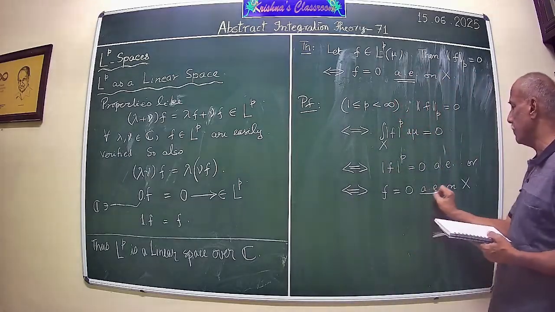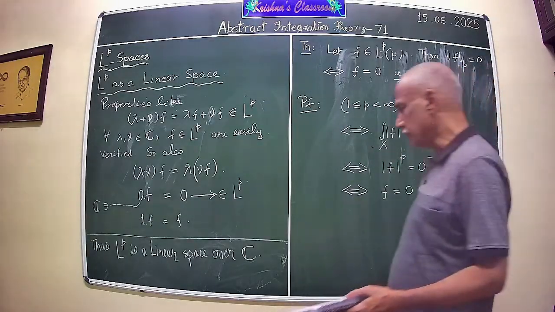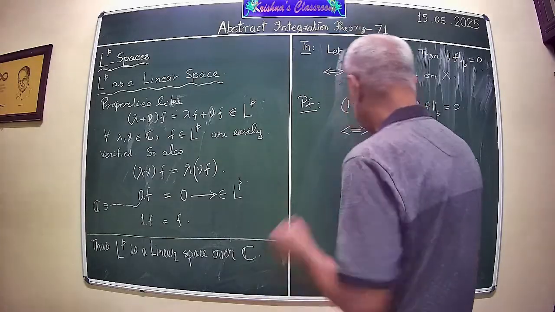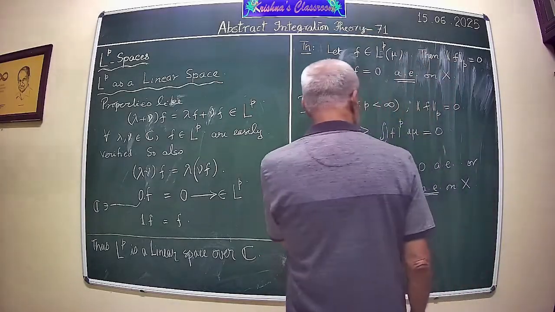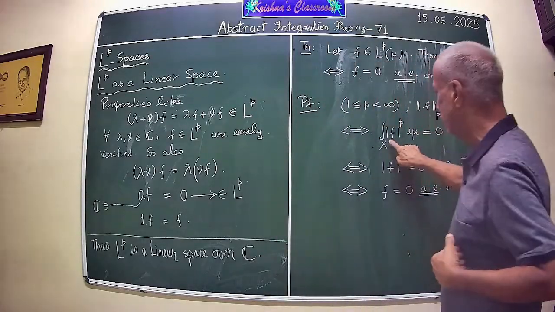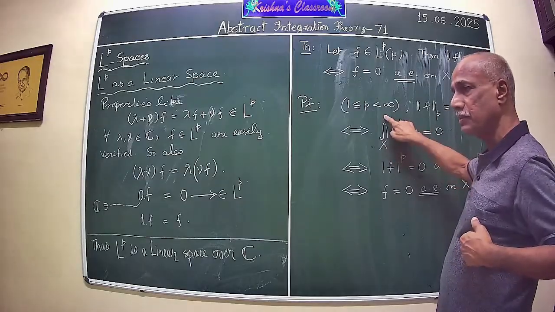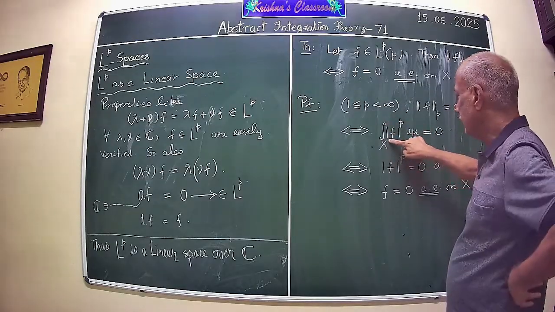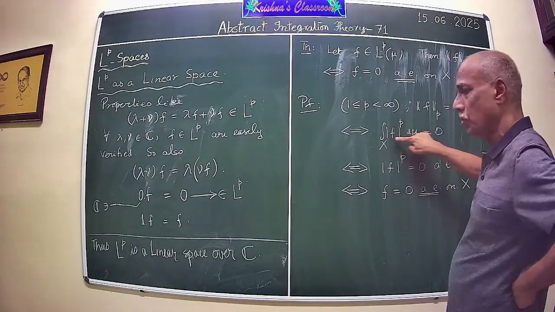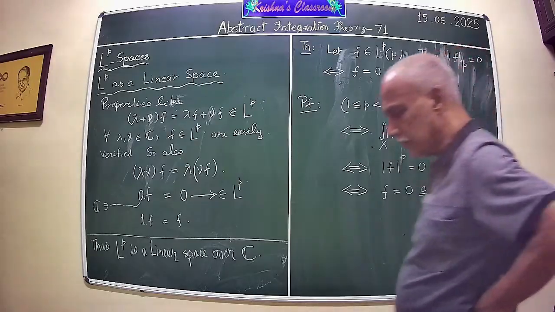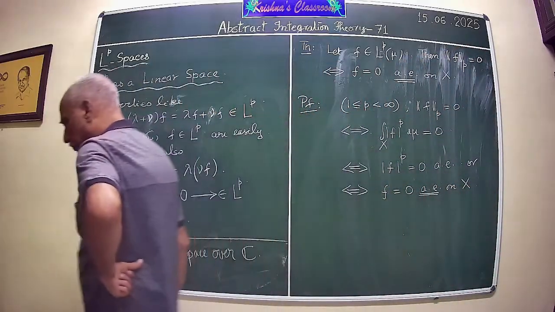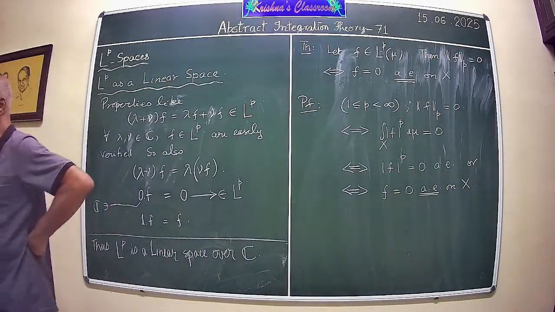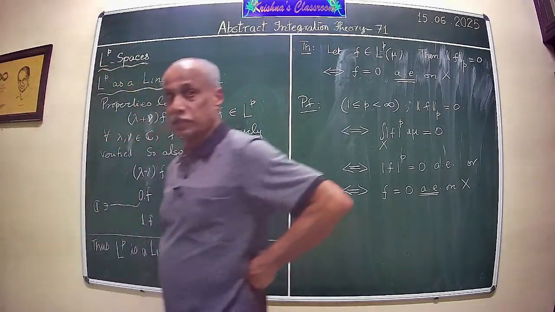Now this is very important because if you examine this, what is it that you have? You have a function integrated over x. Now, you see that on a set of measure 0, it is immaterial what mod f to the power p takes and does not alter the integral.